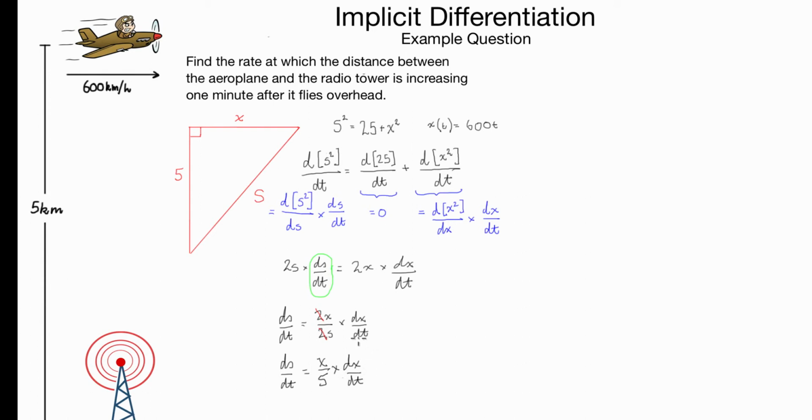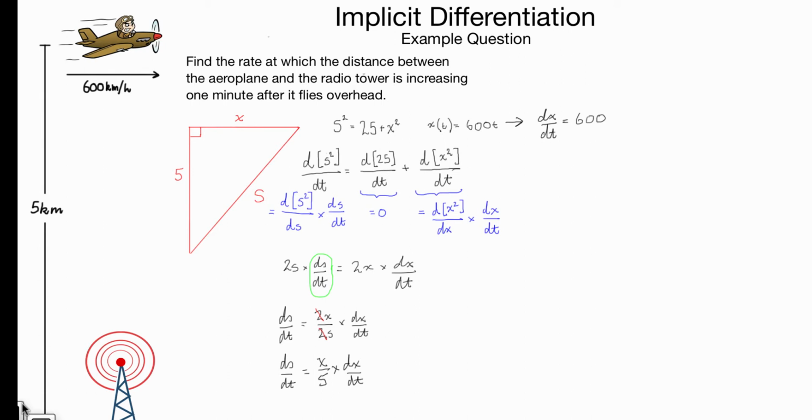Cool. So we know that x in terms of t is 600t, so dx dt is just going to equal 600. Cool.